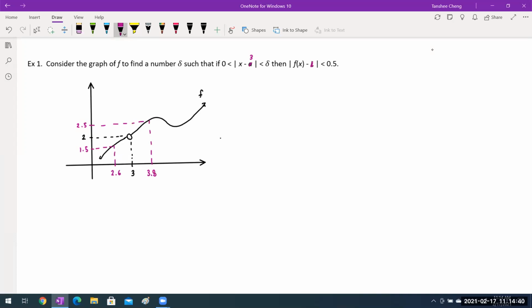The limit that we're going to be using is 2. We want to find out: if the absolute value of x minus 3 is less than delta, then the absolute value of f of x minus 2 is less than 0.05.